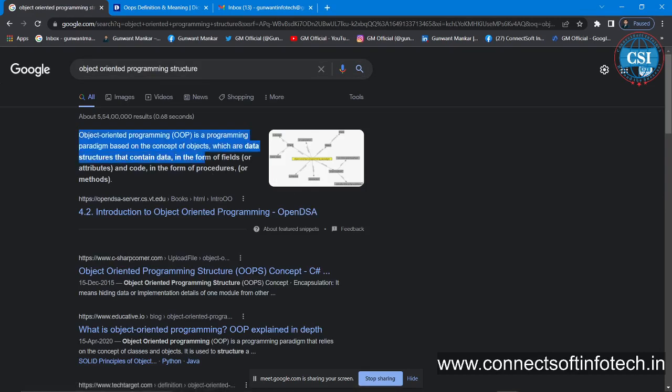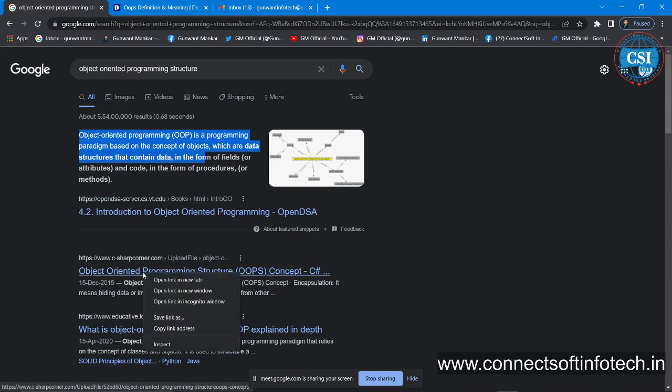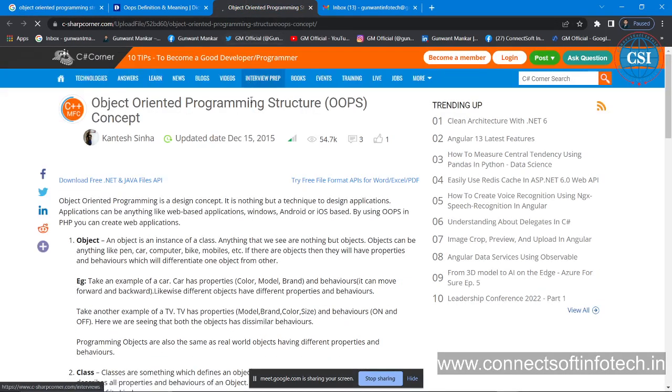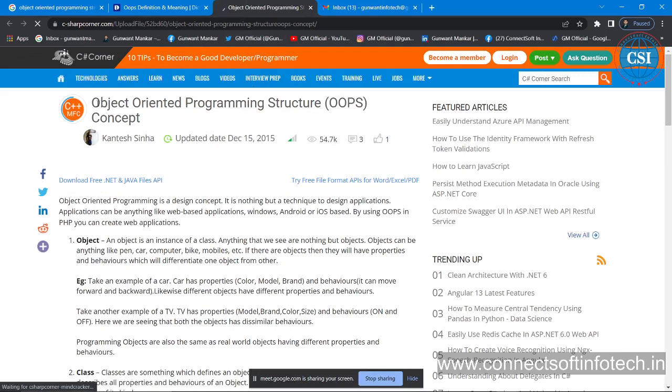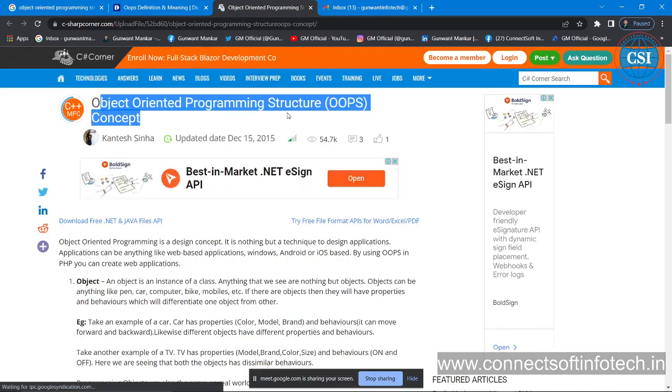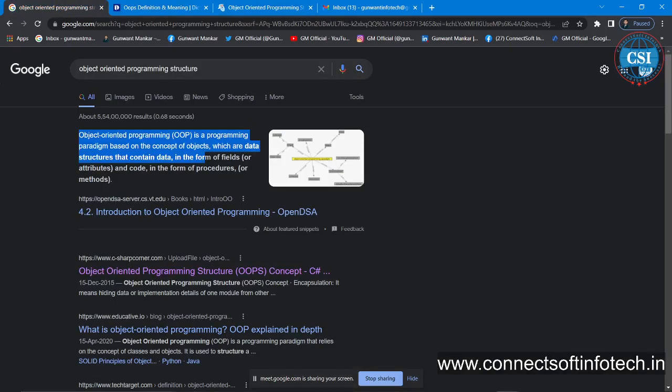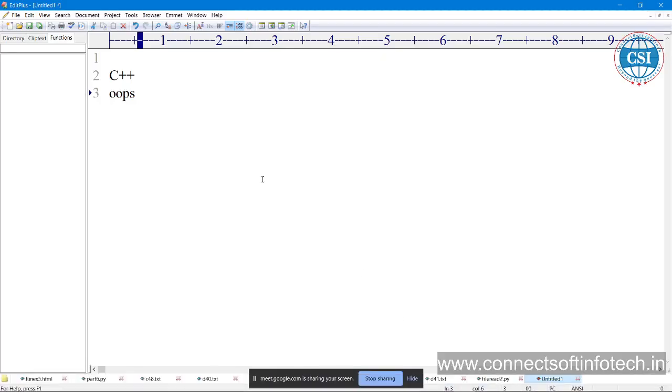We are not getting the OOPS. Object oriented programming structure. In one definition, from a Google link, we are getting object oriented programming structure. It's simply OOP. Always say it's simply OOP, object oriented programming. They stand for structure, system, or structure. It's a structure, object oriented programming structure.